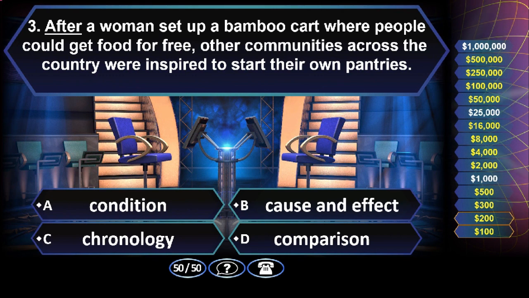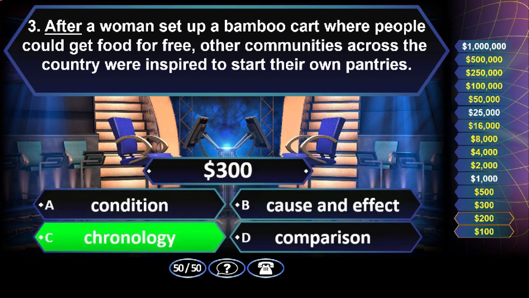Number 3. After a woman set up a bamboo cart where people could get food for free, other communities across the country were inspired to start their own pantries. The purpose of the conjunction after is chronology.